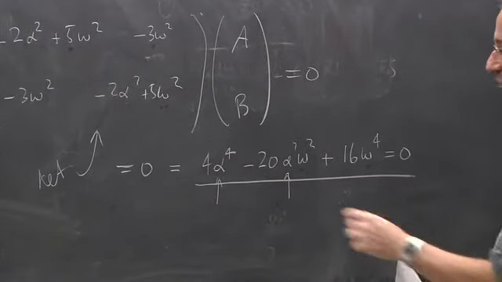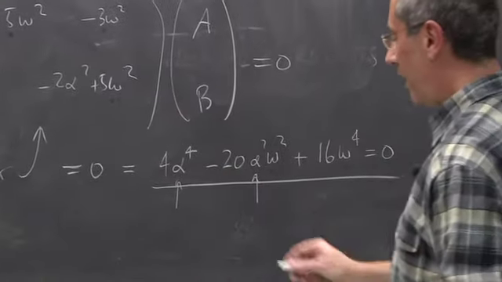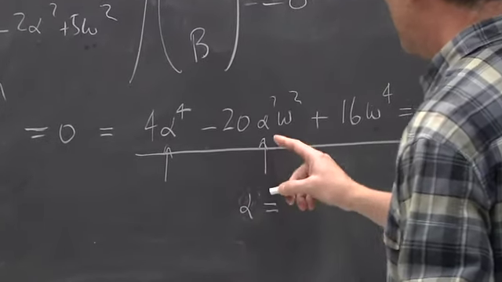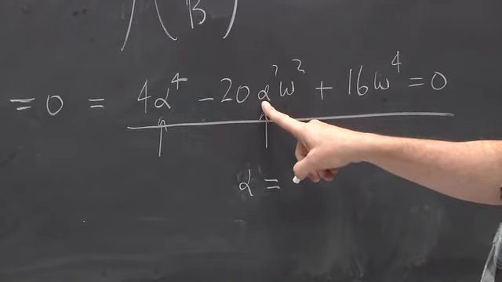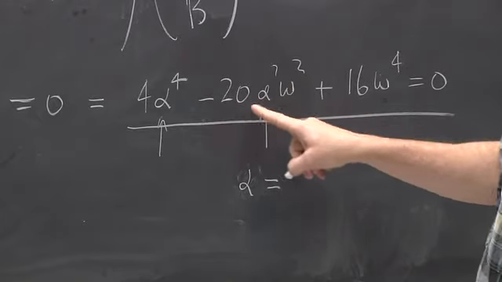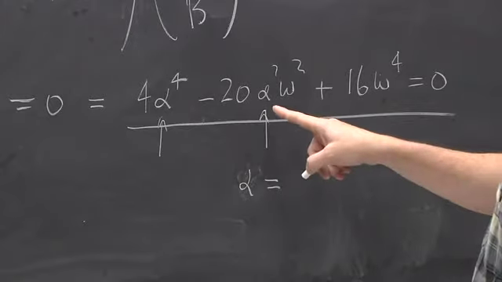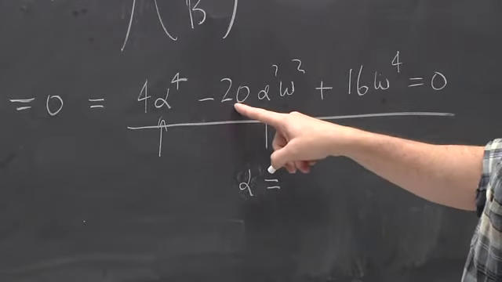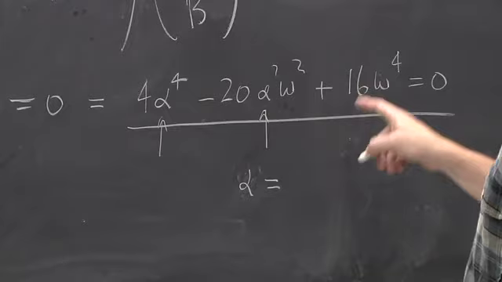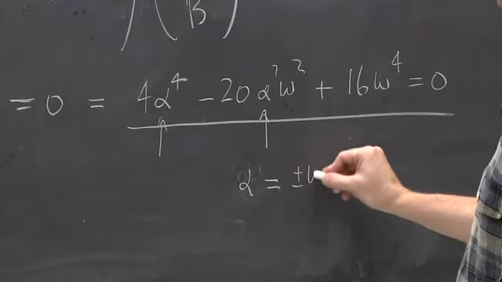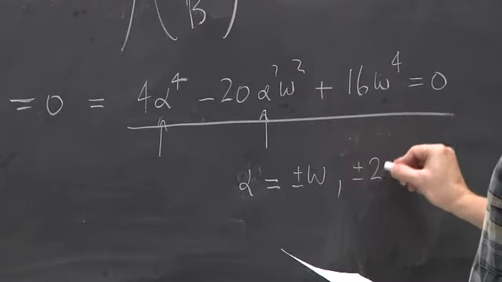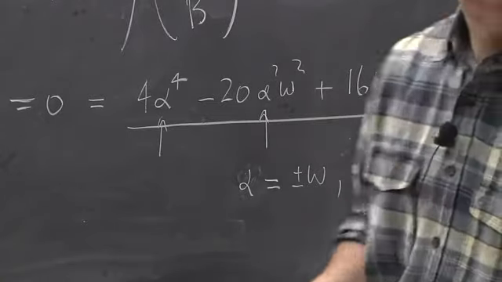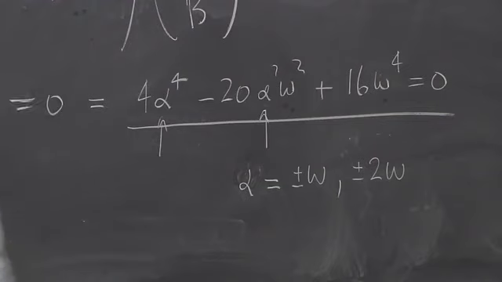And so I found alpha, you see almost by inspection, if alpha is equal to omega, you get omega everywhere to the fourth, and then minus 20 plus 4 is exactly 16. So plus minus omega is a solution, and the other one you can check is twice that. So the other two solutions are plus minus 2 omega.